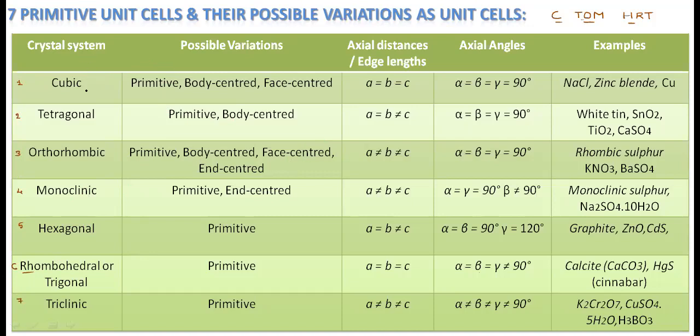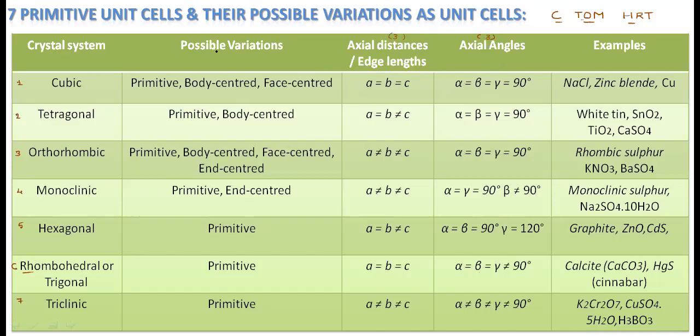Now, with respect to these 7 crystal systems, we'll learn the 6 characteristics, that is the 3 edge lengths or axial distances, and the 3 axial angles. With respect to the unit cell characteristics we discussed earlier, the 3 axial distances or edge lengths and axial angles are the characteristic features of a unit cell. Now, which axial lengths and axial angles will be there in a given crystal system, we'll focus on here.